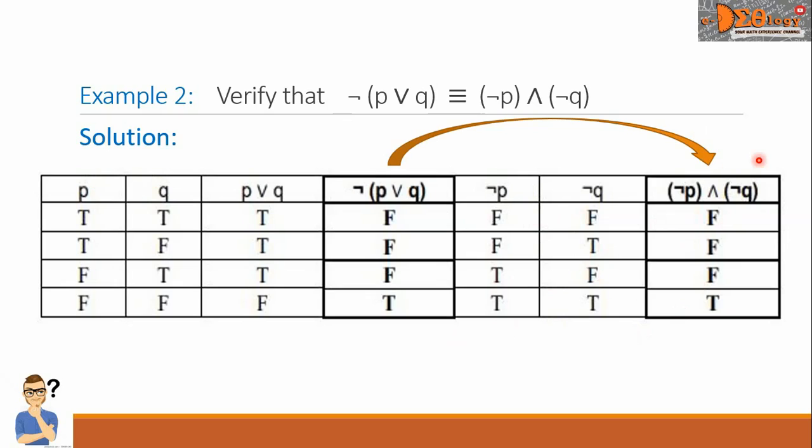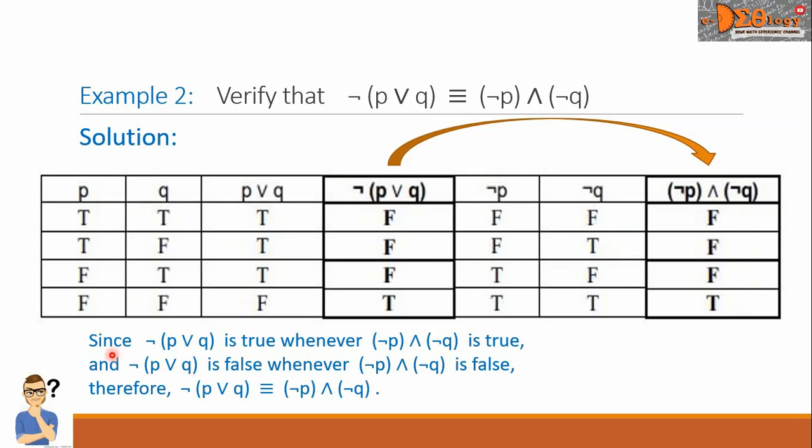From here, let us compare these two columns. We can see that they have the same truth values everywhere. So we say that since the negation of the compound proposition P or Q is true whenever not P and not Q is true, and the negation of the compound proposition P or Q is false whenever not P and not Q is false.